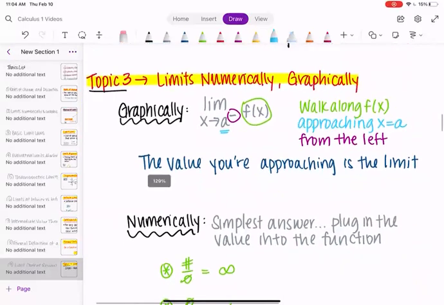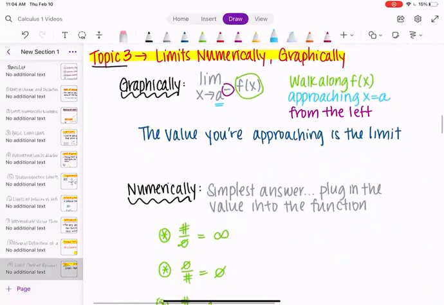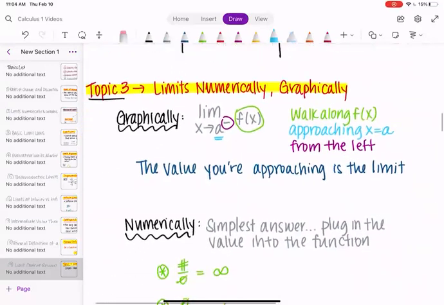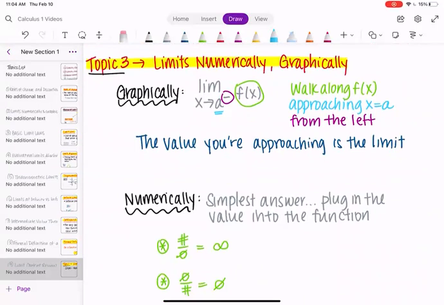This next topic is basically introducing you to a limit, right? There were 2 approaches we took to describing it. We approached it from a graphical standpoint, and from more of a numerical standpoint. From a graphical standpoint, you're evaluating the graph based on how the limit is asking you to. Here I broke down what this limit example says. It tells me that I'm walking along the f of x function, approaching a on the x-axis from the left side.